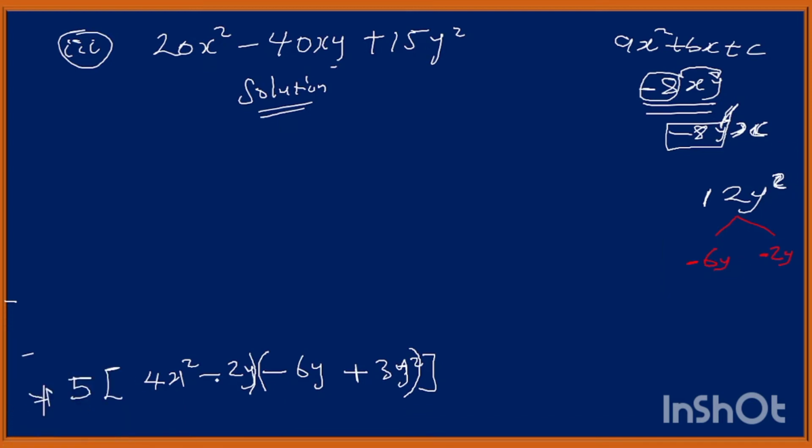So this is what we have. So all I'm going to do, okay, we have 5 into, in place of 4, this is 4x squared minus 2y. Yes, so what is common there?